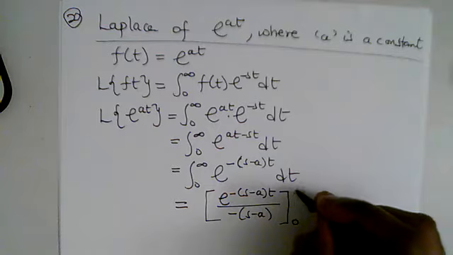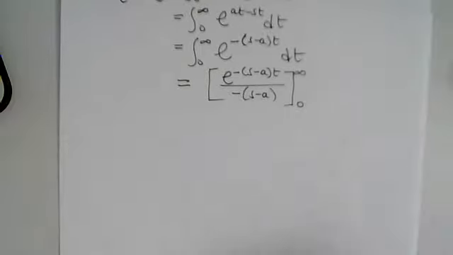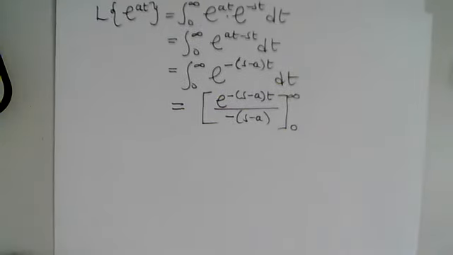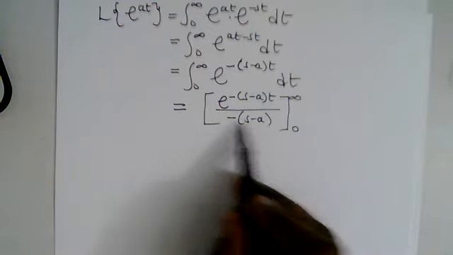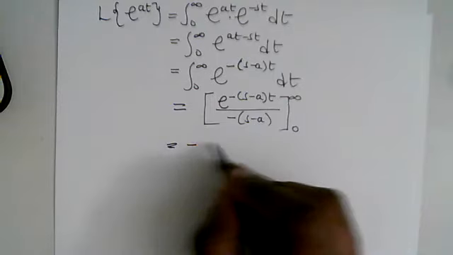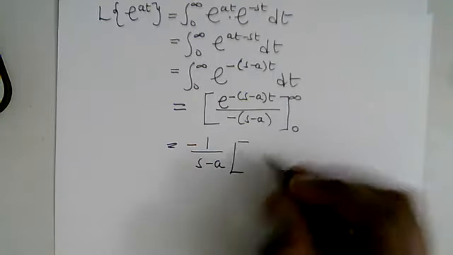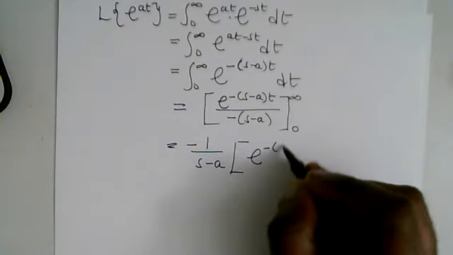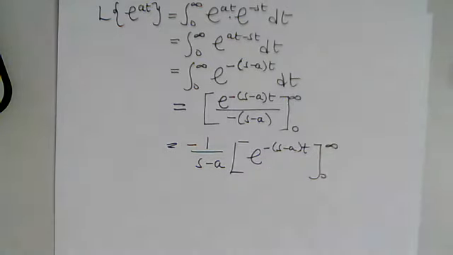This runs from 0 to infinity. Just like we did for the Laplace of a constant, we pull this out. So when we pull this out, you have minus 1 over (s minus a) outside, and you'll be left with e to the power minus (s minus a)t from 0 to infinity.